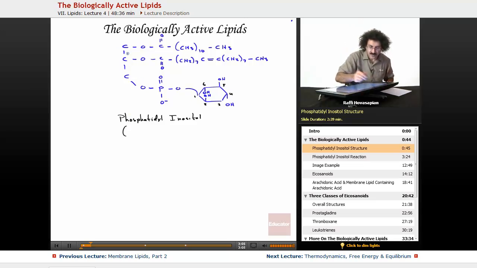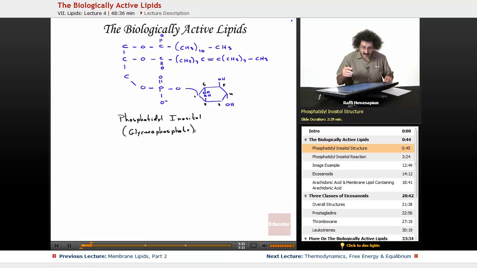It's a glycerol backbone. It contains a phosphate. That's what's important. All these names make me crazy. They always have. I mean, they're kind of cool in the beginning, but eventually they start to wear on you. So a glycerophosphate. Let's just go ahead and call it that.